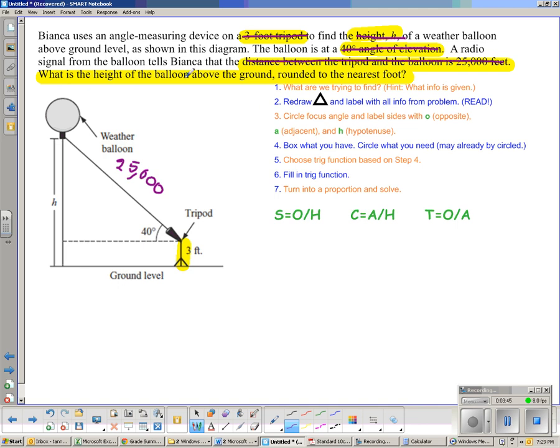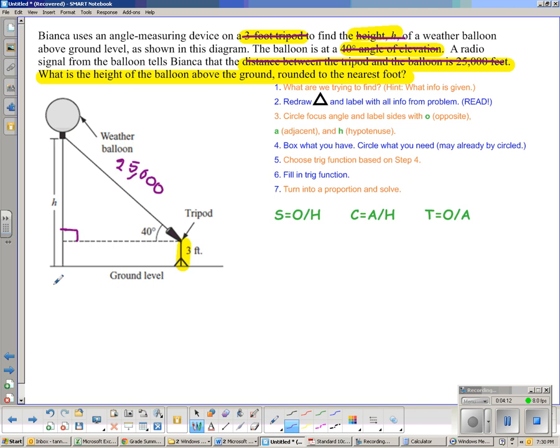And what is the height of the balloon above the ground round to the nearest foot? So I'm trying to find this distance right here. Okay, but one thing I noticed about this distance right here is that it represents the side of a right triangle and then some. So note here that when we deal with this triangle, we can't deal with the entire height.